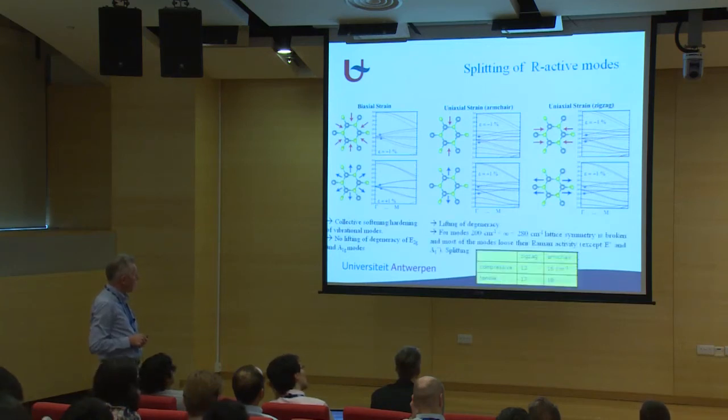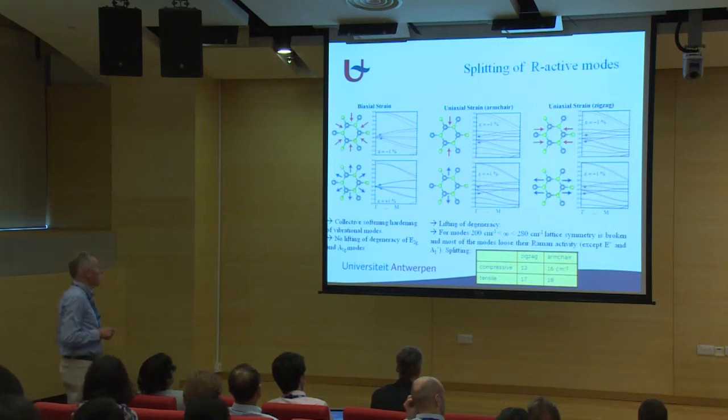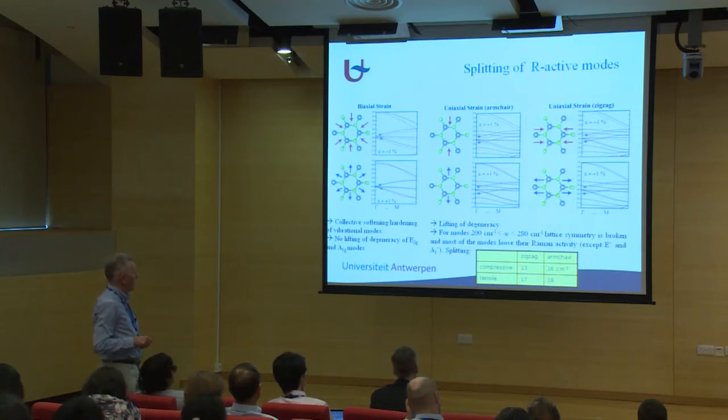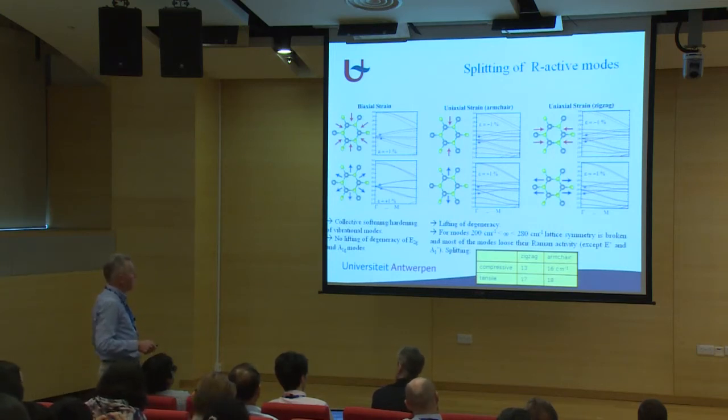So you have lifting of degeneracy, and in this frequency range the lattice symmetry is broken, and most of the modes lose their Raman activity. You get a shift which agrees more or less, or is of the same order of magnitude, as what was found experimentally. So when you have this degeneracy, this type of strain is going to be important. If you already have splitting, then these small extra shifts will not matter so much.